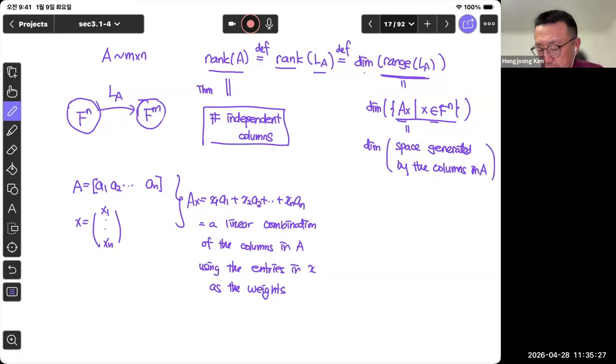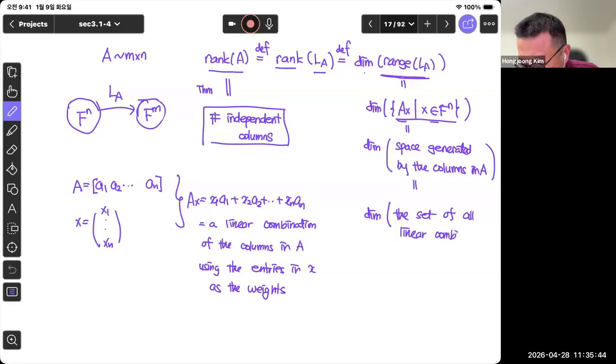As I said, the space is the set of all linear combinations of the columns in A matrix.